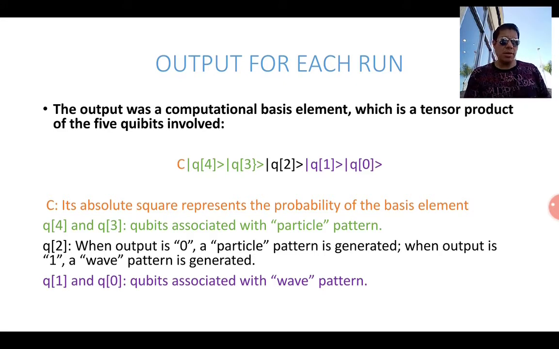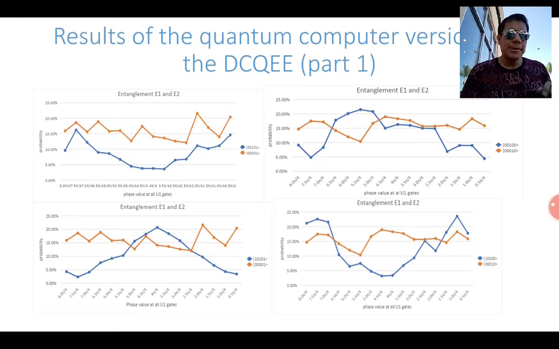The best way to understand this is just to look at the results. The results speak for themselves. Notice, you can say this is a flat pattern right here, and this is a flat pattern, and this is a flat pattern, and this is a flat pattern.